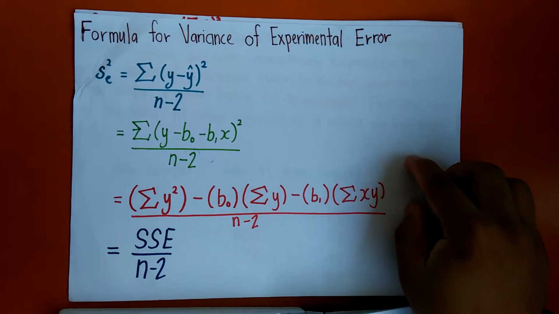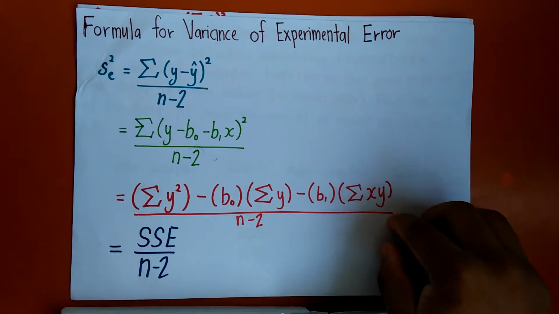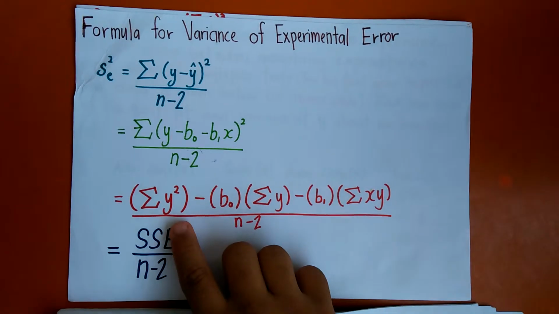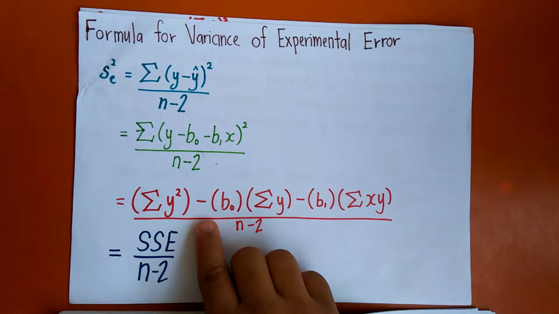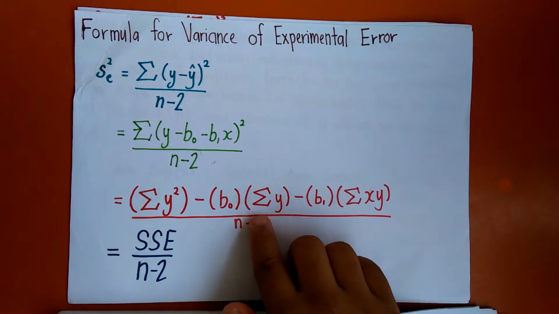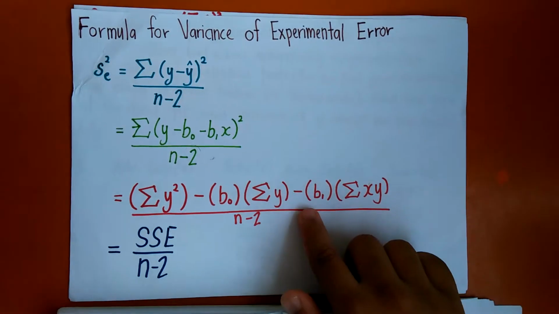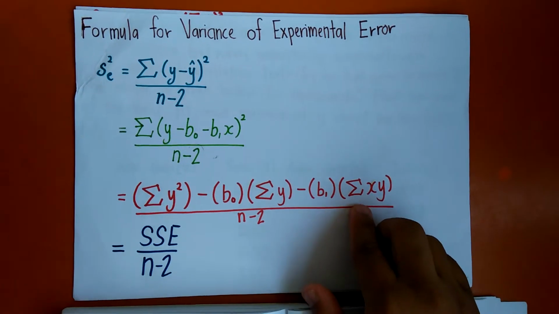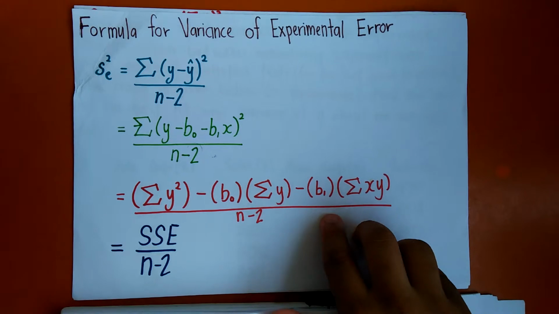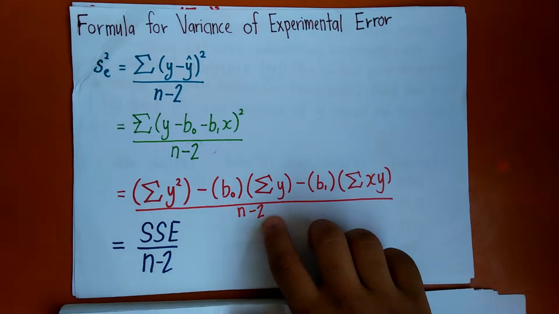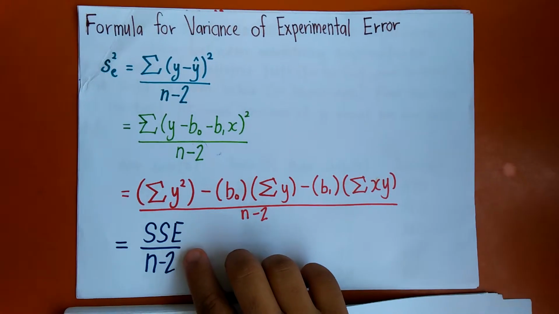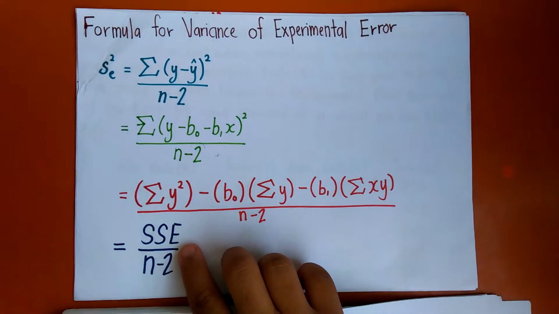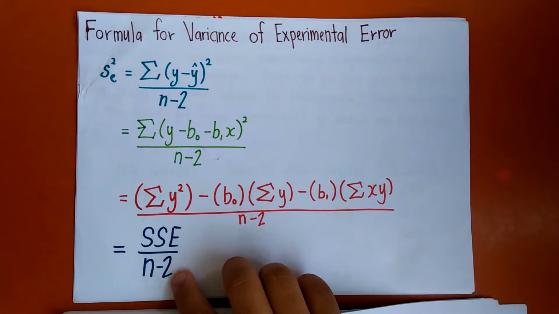Or to make it easier to understand, we use summation of y squared minus b naught multiplied by summation of y minus b1 multiplied by summation of xy, divided by n minus 2. Or we can say it is the summation of square of error divided by n minus 2.